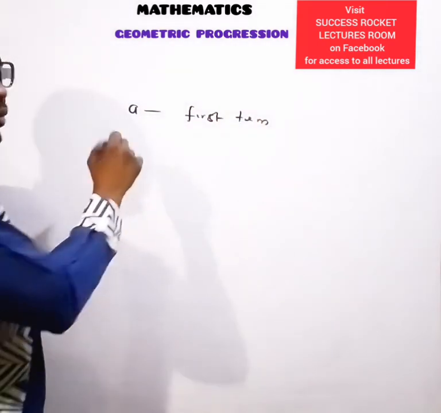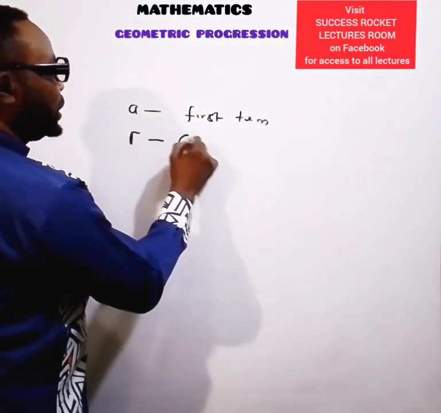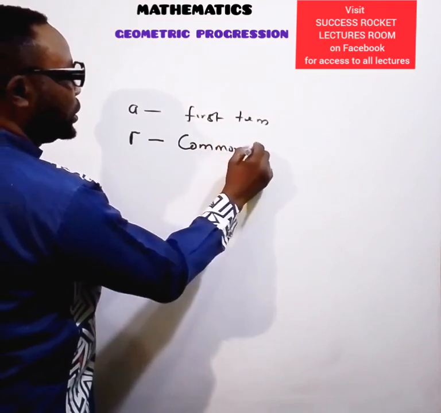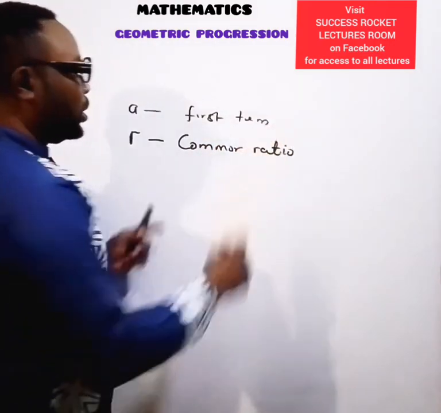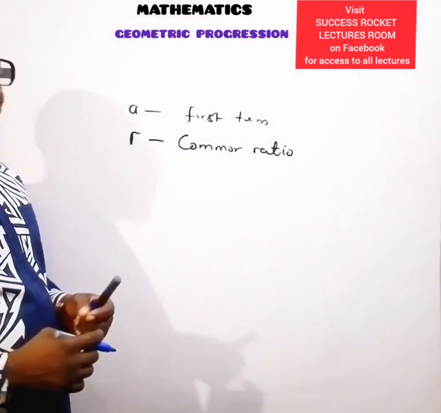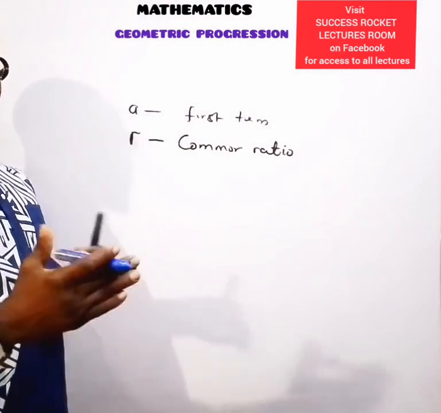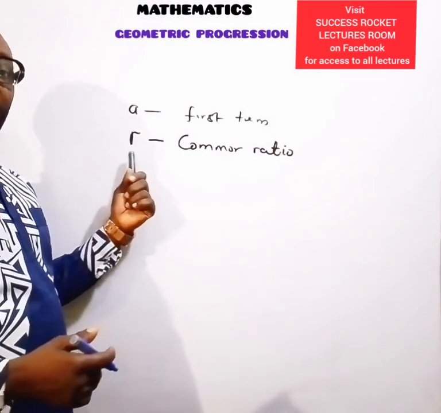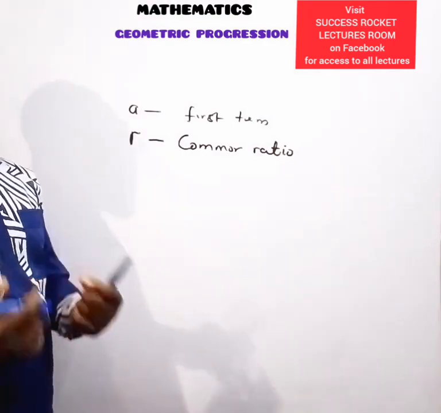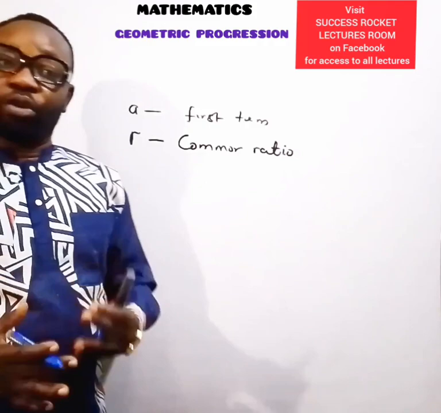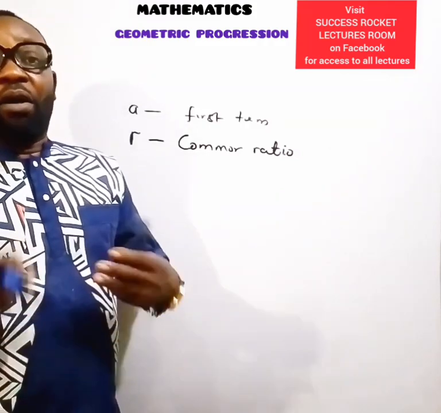We have R, which is the common ratio. Unlike in arithmetic progression, where the difference between successive terms is called the common difference, here it is called the common ratio. I'm going to show you what we mean by common ratio.